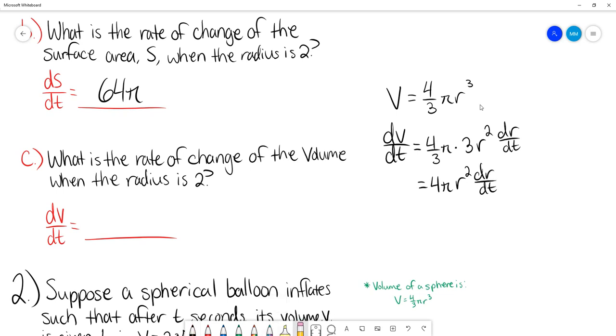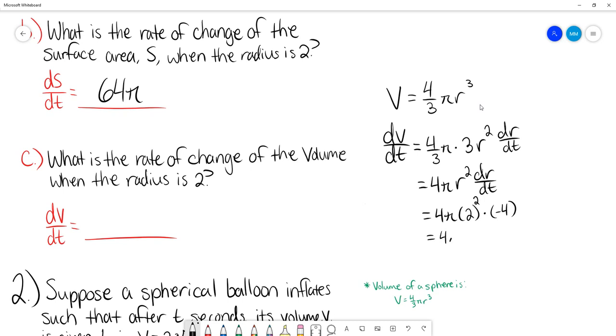Once again, we found that when the radius is 2, dr/dt is -4. So I'm going to plug that in, as well as our r value, which we know is 2. So our radius is 2, so it's 2 squared, times our dr/dt, which is -4.